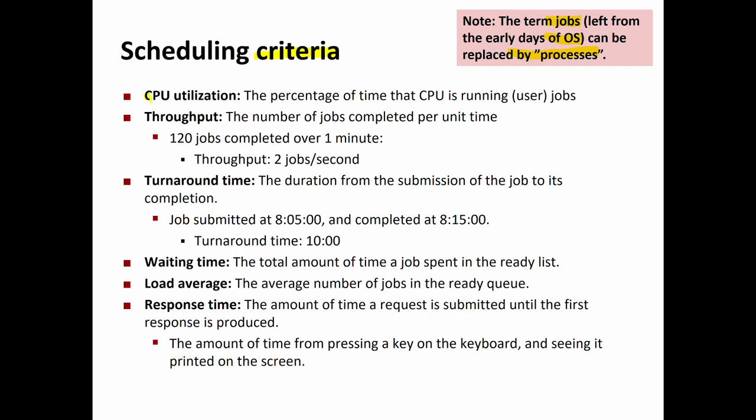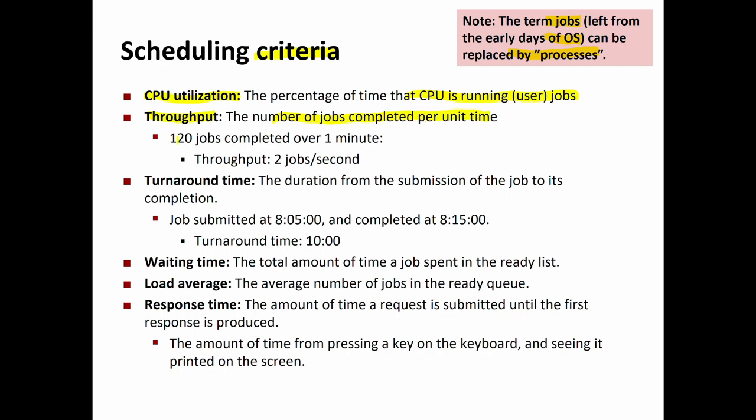The first one can be CPU utilization. It's the percentage of time the CPU is running user jobs. Ideally you want this to be 100%, but in reality it will be less, maybe because all the jobs are doing I/O or some of them are blocked. Then there's the throughput criterion, which is the number of jobs completed per unit time.